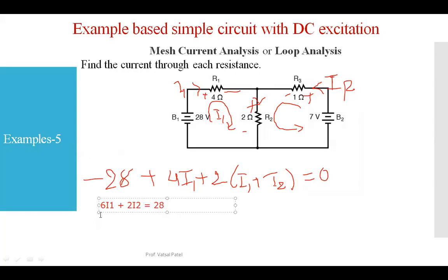Now if I directly write the second equation, it is 2I1 plus 3I2 is equal to 7. So now if you multiply equation number 2 by 3 and subtract it from the first equation, can you get the I2 component first of all?